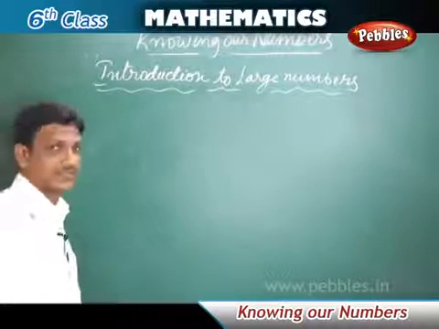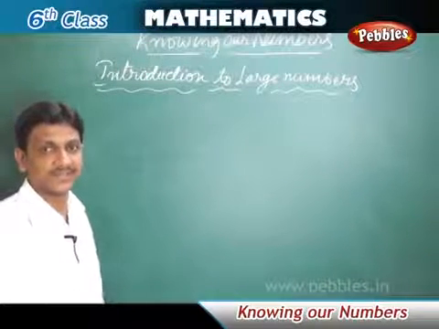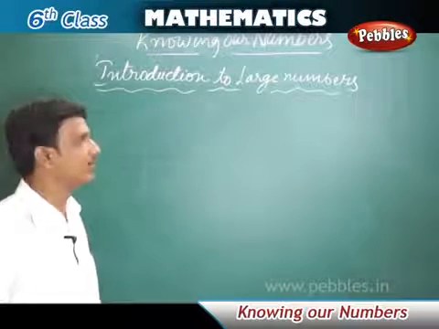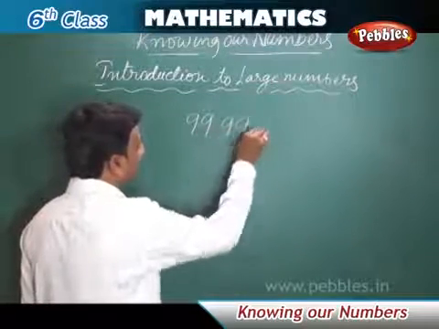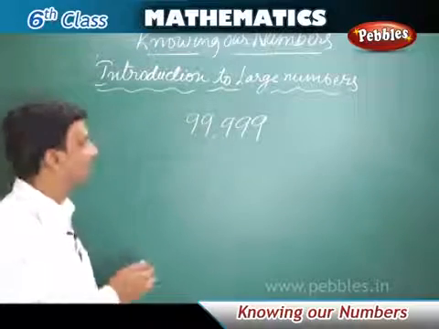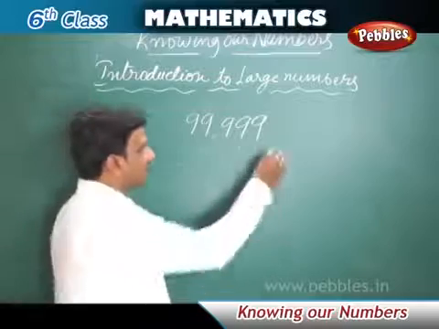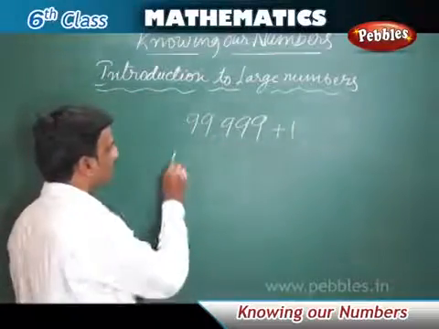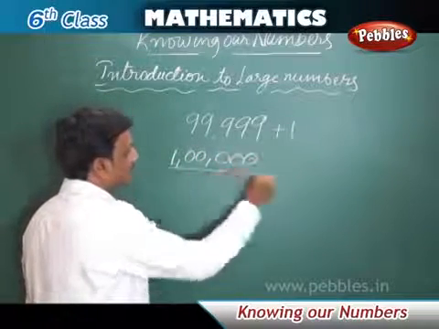Introduction to large numbers. We have learned numbers up to 5 digits. So what is the biggest 5-digit number you know? 99,999. This is the biggest 5-digit number we know. If we add 1 to this biggest 5-digit number, it becomes 1 lakh.